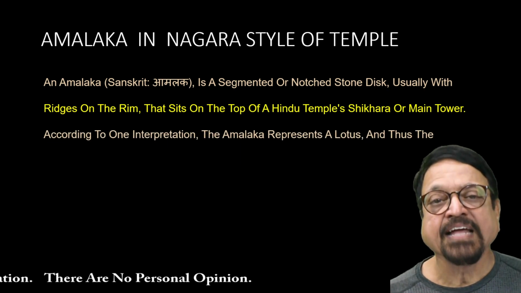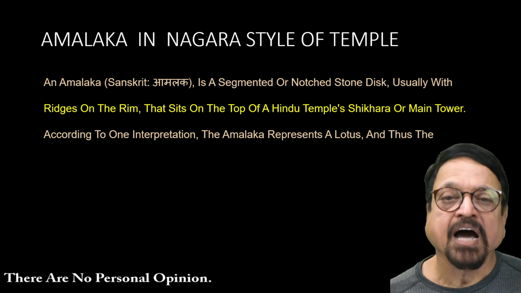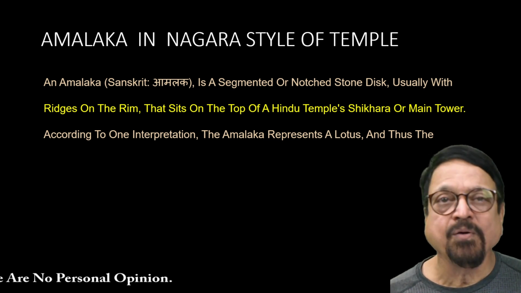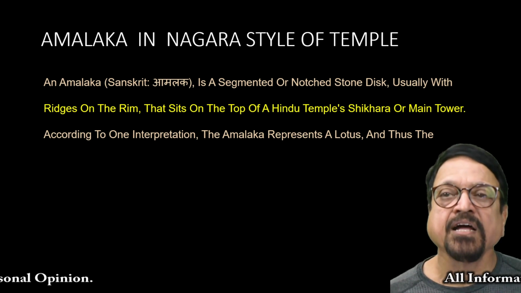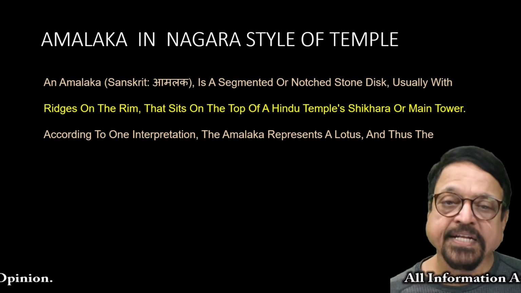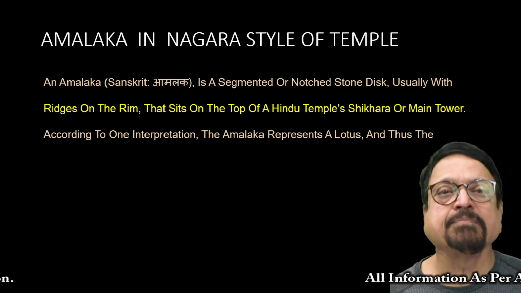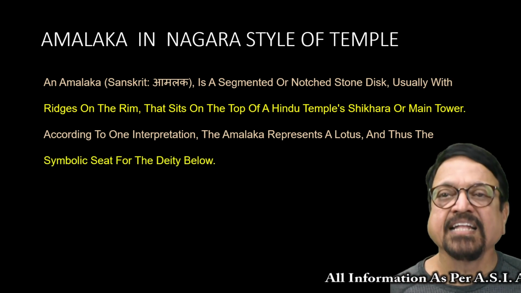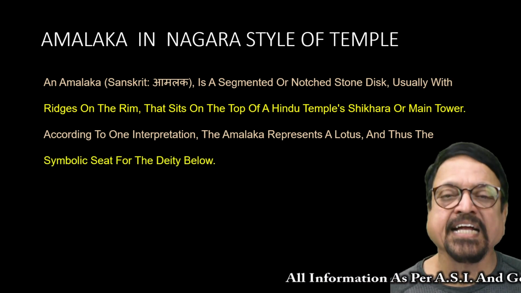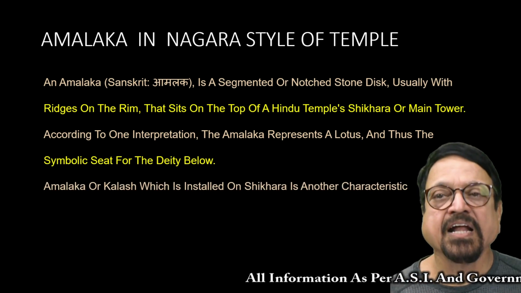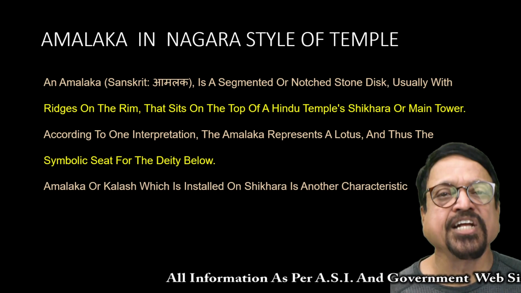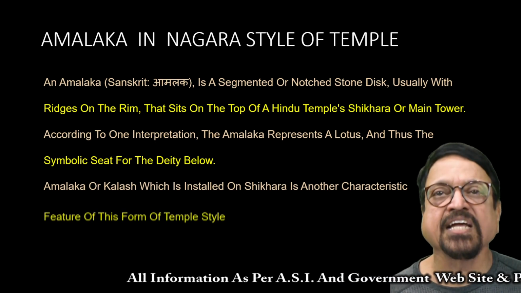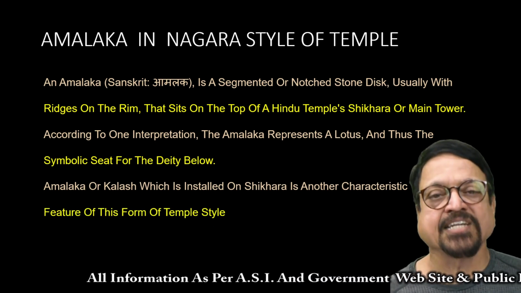On that Shikhara, there will be the mounting of the Amalaka. Amalaka will have notches and it will look like a lotus if you see it from the top. According to one inscription, the Amalaka represents a lotus and thus the symbolic seat for the deity below. Amalaka or Kalash, which is installed on the Shikhara, is another characteristic of the Nagara style.